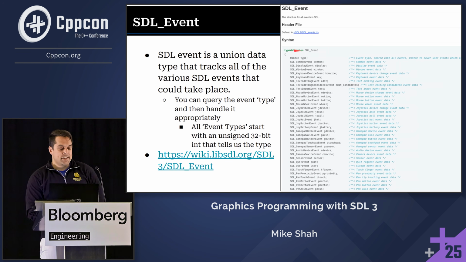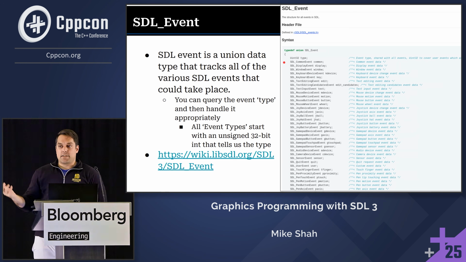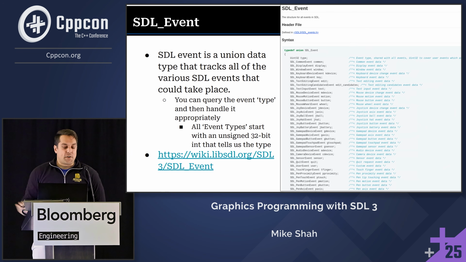So basically, you just work with this union type. And you query what the actual type is. Notice the field within this union is just a uint32. Well, it's really small, so I'll just read it for you there. But that's, again, how you tell the type. Because, again, we're in C land, there's no real polymorphism or anything here.